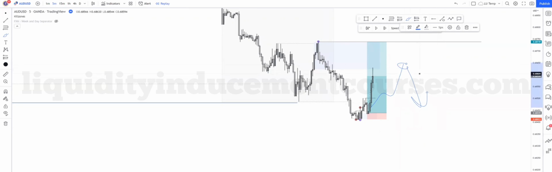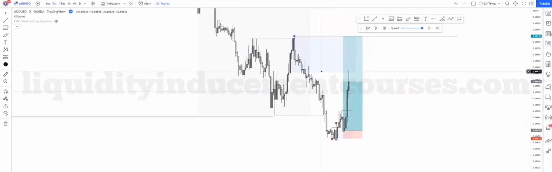And on that pullback, you can take the short and then the long. Now you have an understanding of where the pullback can occur, so you can enter on the pullback, and you can also enter on the untested QM. All right, so I'm anticipating a pullback on the untested strong high from here to the downside.